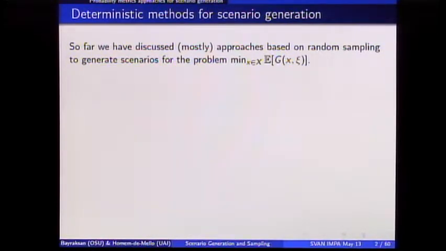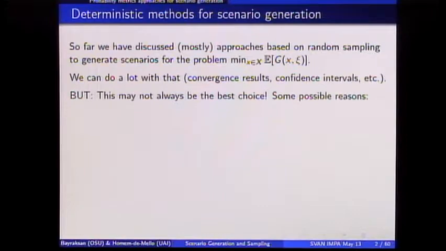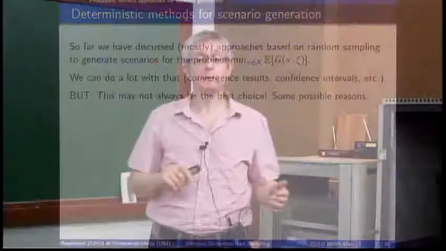So we've discussed all these asymptotic results, the convergence when you do random sampling. Then Güzin discussed all these methods to assess the quality of the solution when you're dealing with only a finite sample. But all that is still based on the idea that you're doing random sampling behind. We can do a lot of that, but sometimes it's not the best choice. So there are other ways that one can do it.